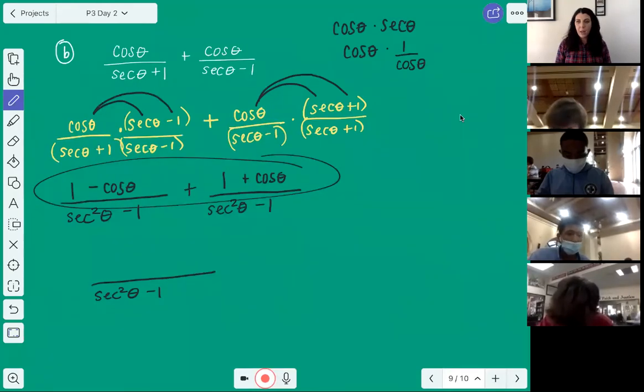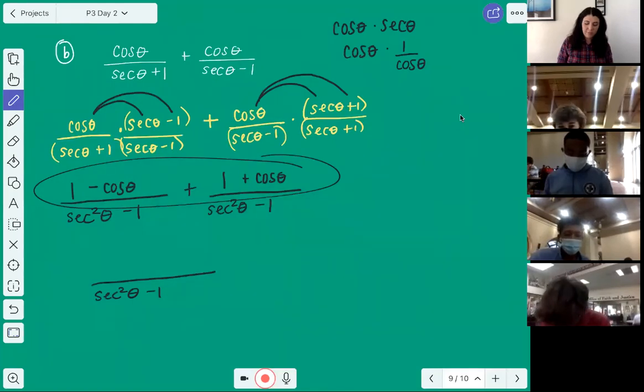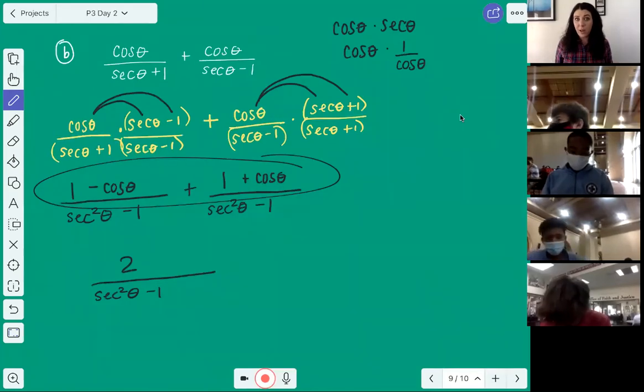Because I'm just adding my stuff together here. Would you just simplify the numerator? Yeah, just simplify the numerator. 1 minus cosine plus 1 plus cosine. Oh, sorry. You get 2. We just get 2, right? We have 1 plus 1 and we have minus cosine plus cosine. So we just get 2.